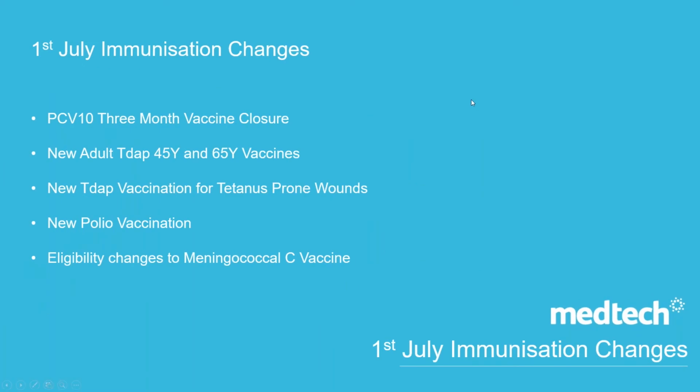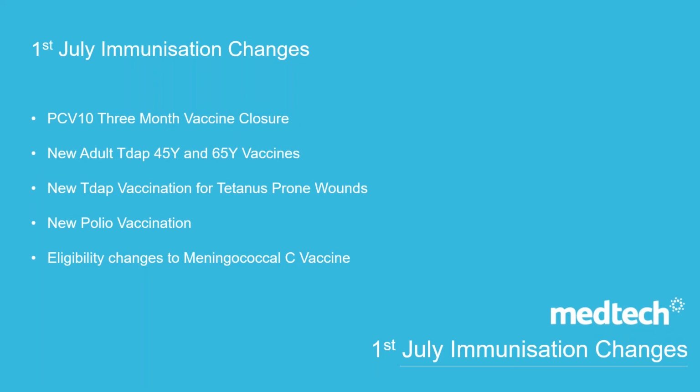To start with, I'll talk a little bit about the changes to immunisations. The Ministry of Health has specified immunisation changes for this year, and these requirements have been split into two phases. The first phase will be made available to practices by the 1st of July, and the second phase by the 1st of October.